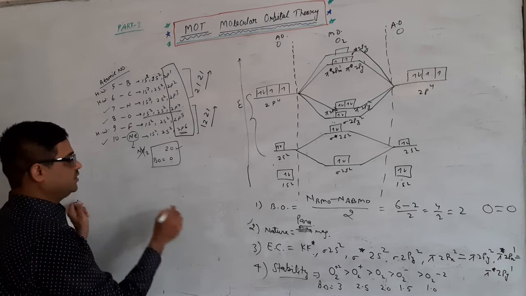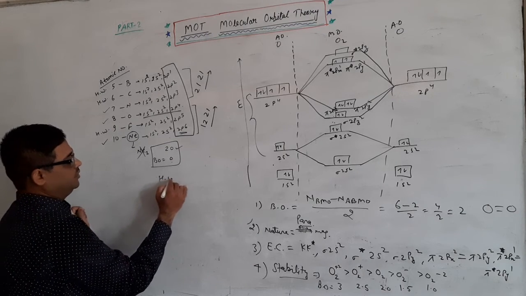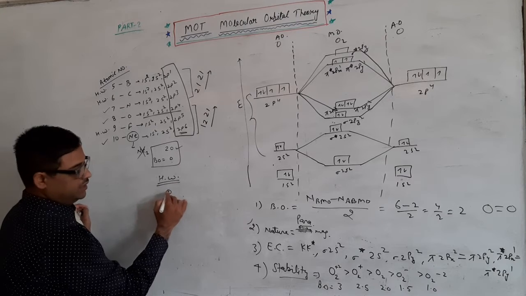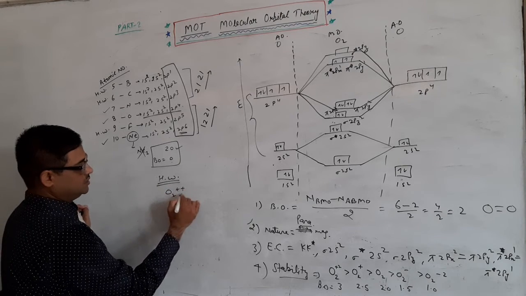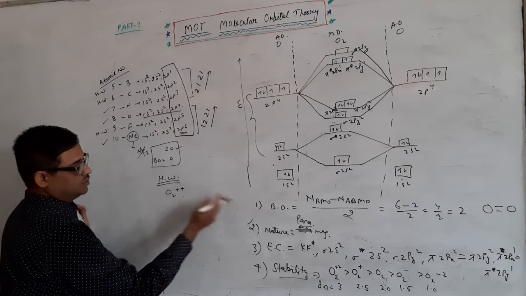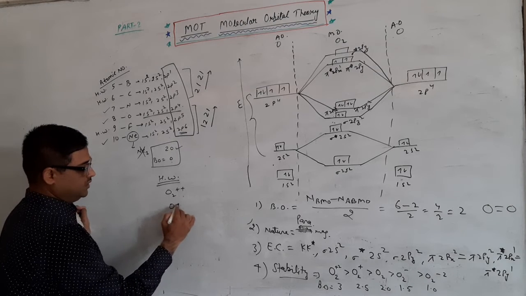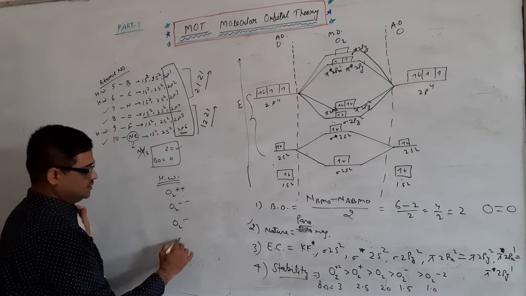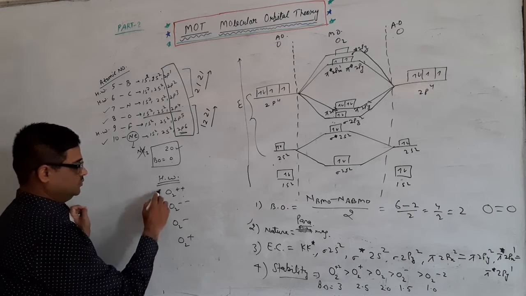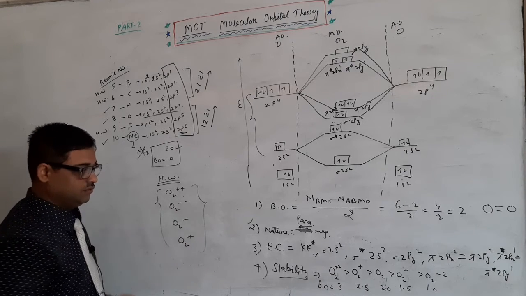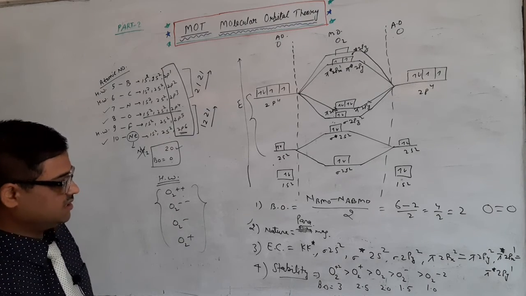Beside that, I can give you homework also. You can make O2 plus, O2 minus, then O2 minus 2, then O2 plus 2. So these four you can make at your home. You can practice it.